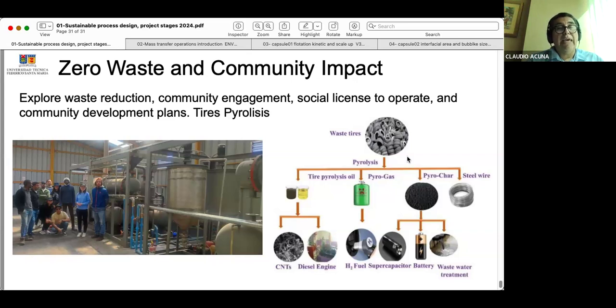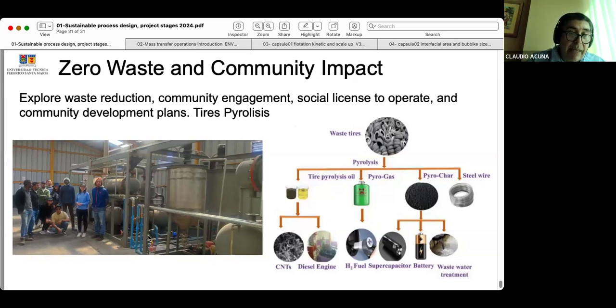We're talking about tires that cost a lot, $1 million. It's very, very expensive, and the company needs to take care. That was the reason with this policy that a big plant was created in Antofagasta to recycle these tires.